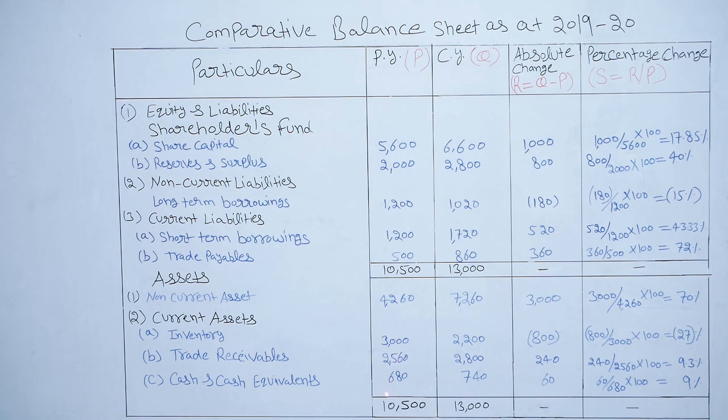Previous year is 680, current year is 740. Absolute change, current year minus previous year: 740 minus 680 is equal to 60. Now percentage change. Absolute change 60 divided by previous year 680 into 100 is equal to 9%. So total of previous year assets is 10,500 and total of current year asset side is 13,000.